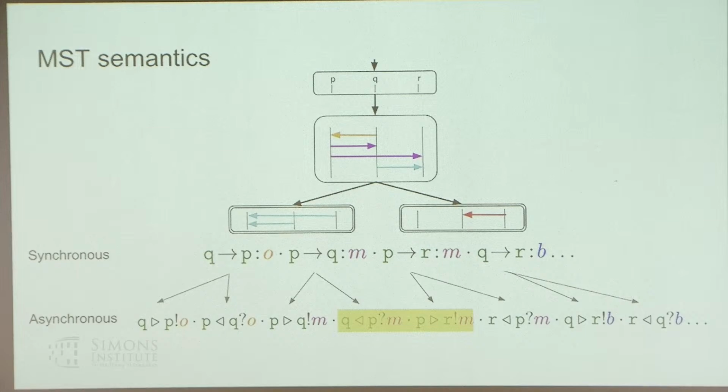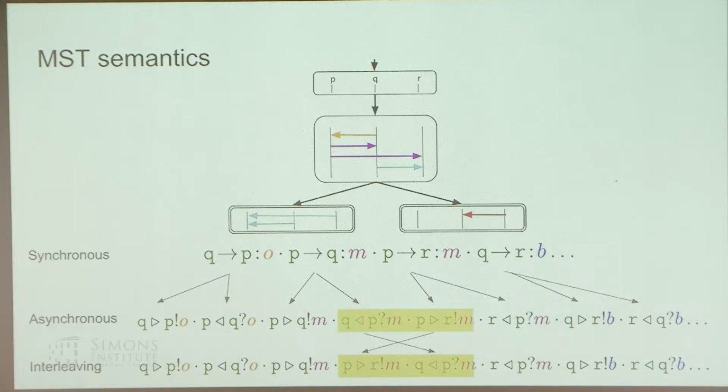Now in any execution of the former kind, where you have this receive highlighted, a receive from Q as well as a send from P, if this is a trace in the network, then so too will the following be a trace in the network, where these 2 independent events are interleaved in the trace.